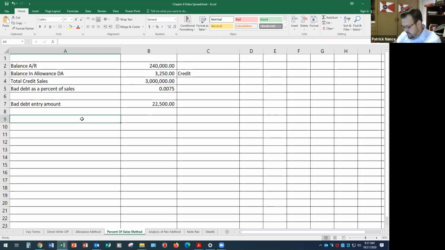So my journal entry would be just kind of as it was before, bad debt expense would be my debit for 22,500, and my credit for 22,500 would be to the allowance for doubtful accounts.